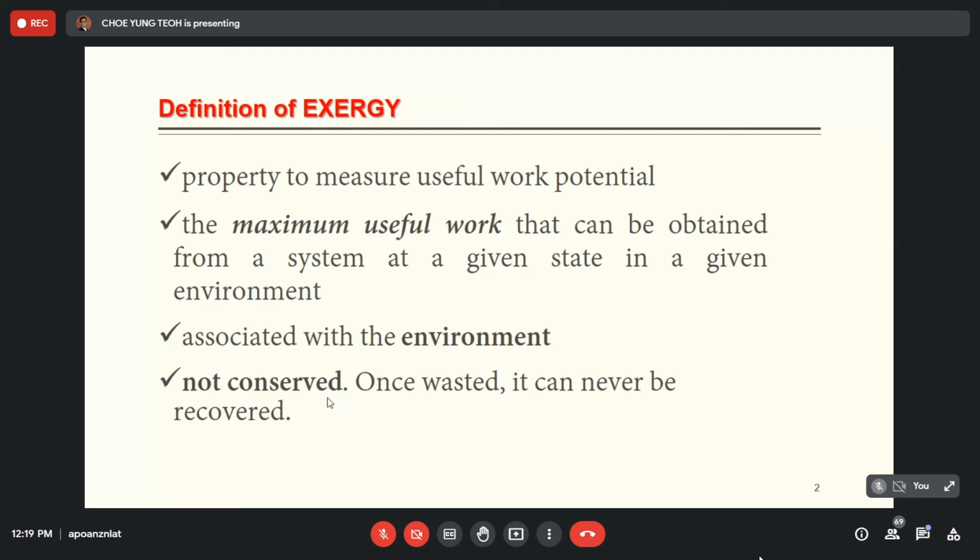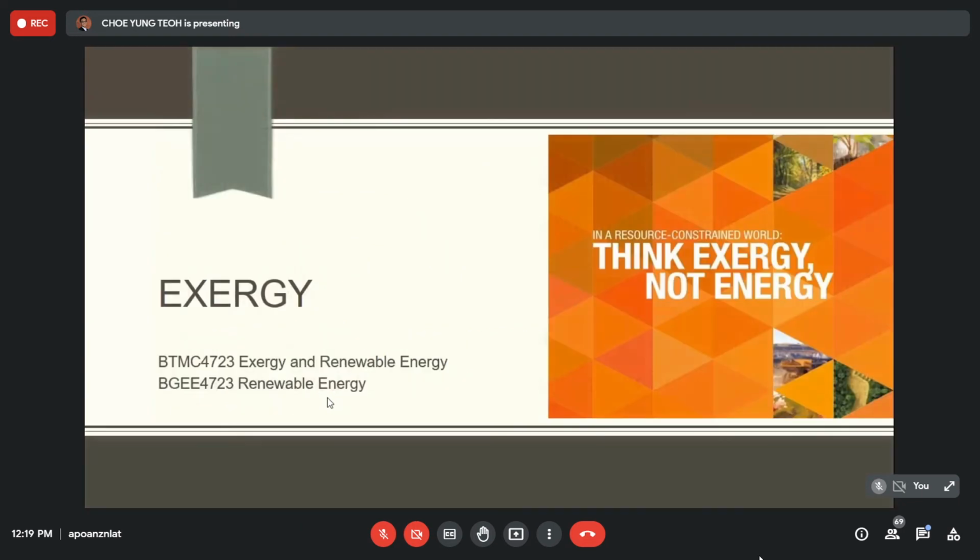So Exergy is always associated with the environment and surroundings, but energy is not. Whenever you check the maximum useful work that can be done, you have to use the term Exergy, not energy. We know that we have the energy, but whether you can convert or transfer the energy is another issue. So then we use the term Exergy.